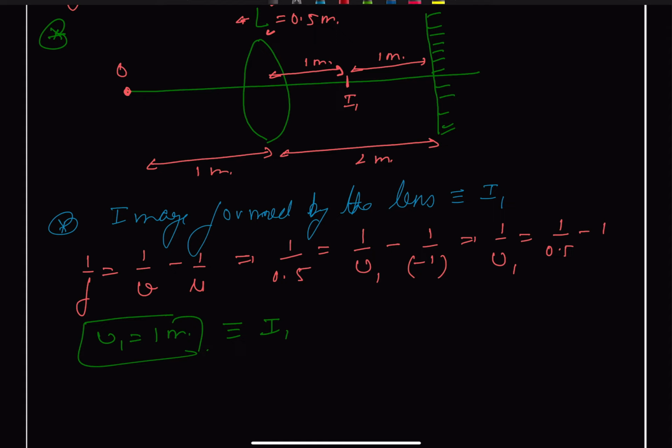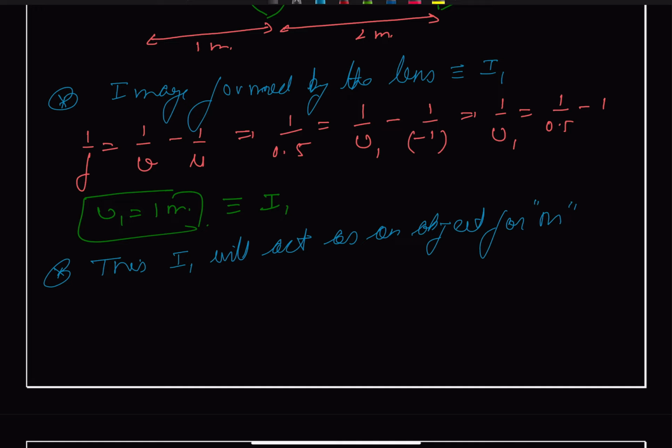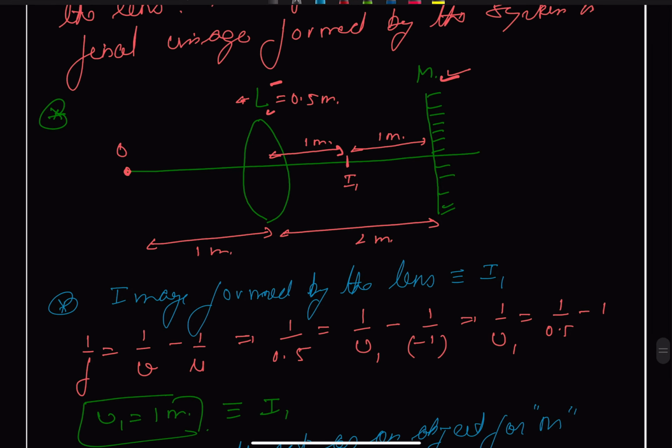And this image will be acting as an object for the mirror M. So you can see this I1 will act as an object for mirror M. And for mirror, we know that the distance between the mirror and the image, which is basically here an object, will be same as its final image.